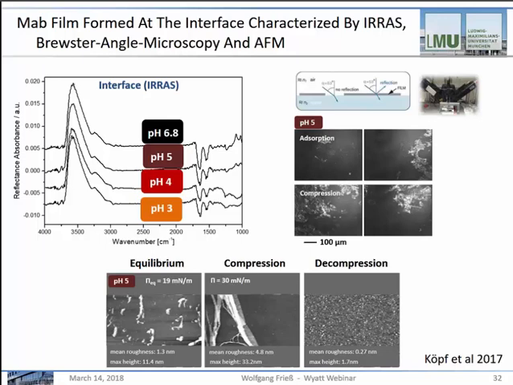When you do AFM studies, you also see that there is some aggregate or cluster formation when you compress the film and then decompress the film, as if these larger structures formed can dive away.